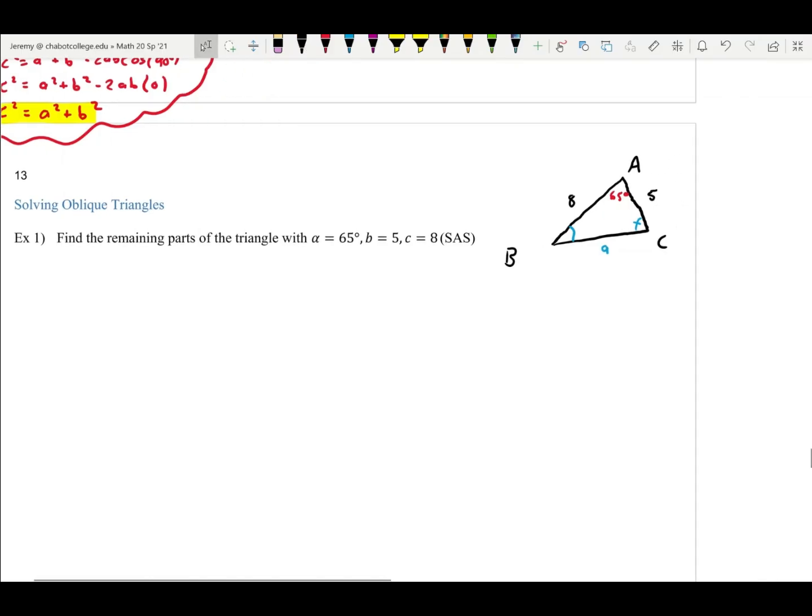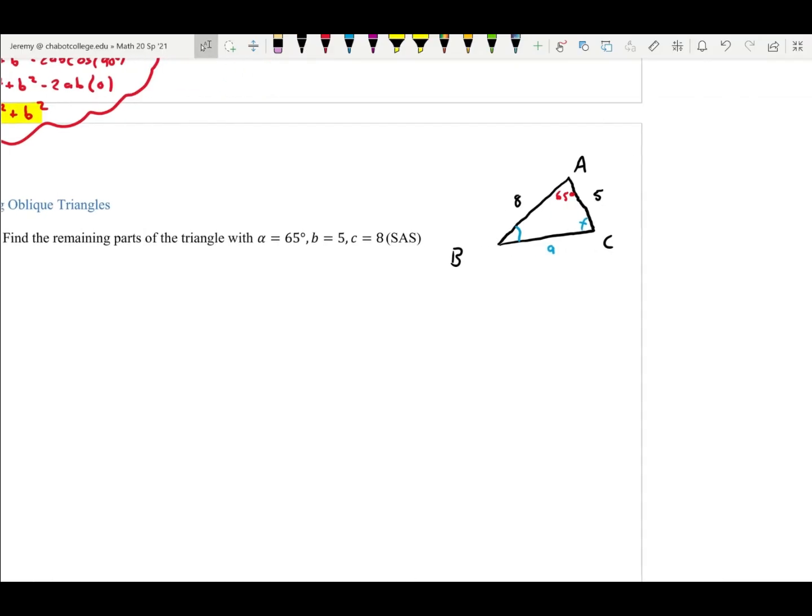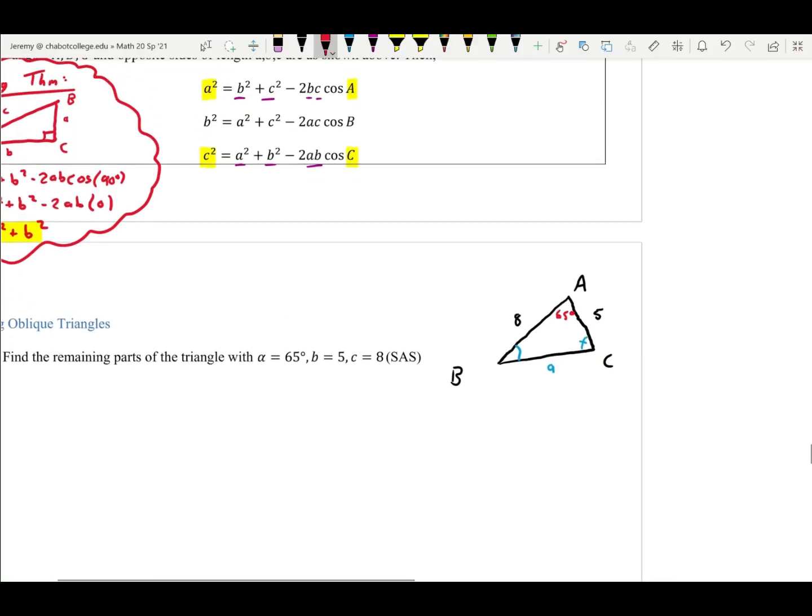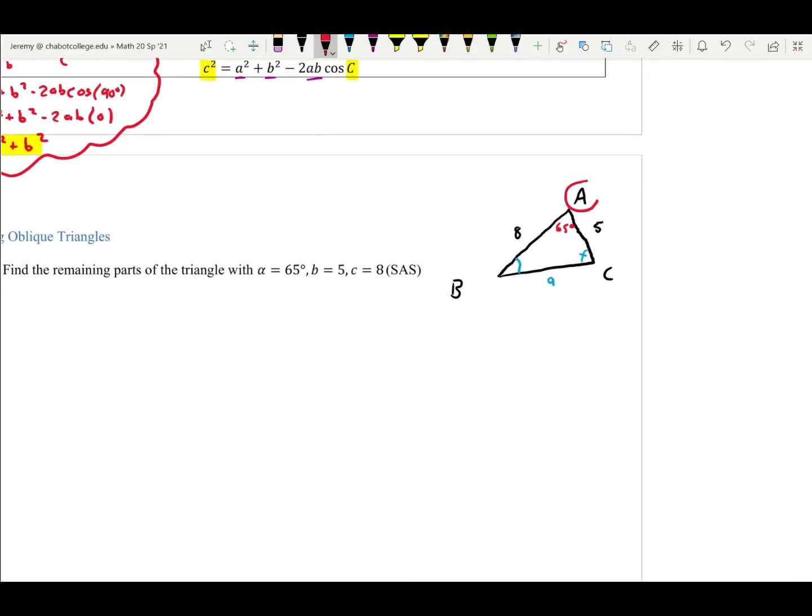So what I do is I look to an angle, right? Because law of cosines involves some angle. And we're given the angle A in this case. And law of cosines also uses the two side lengths that are on either side of that angle A. Okay, so this is perfectly set up for it.